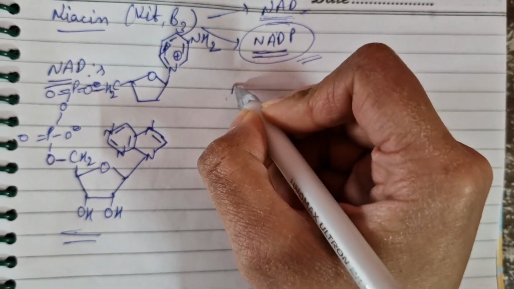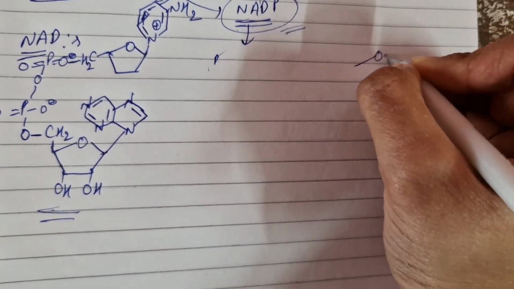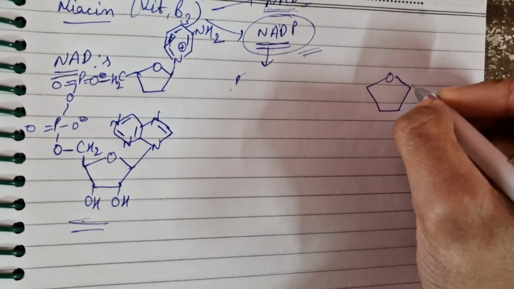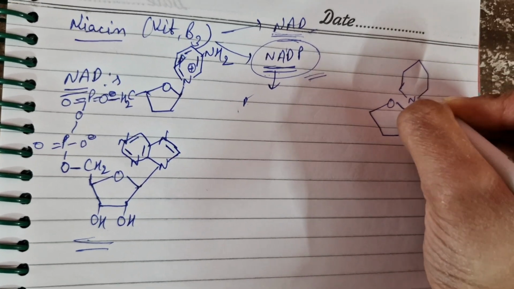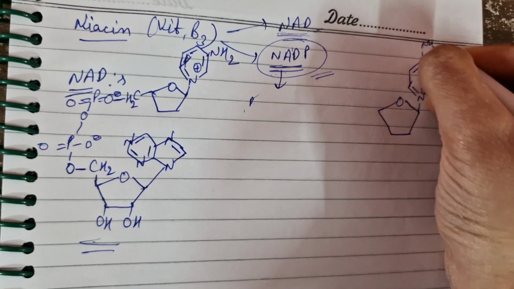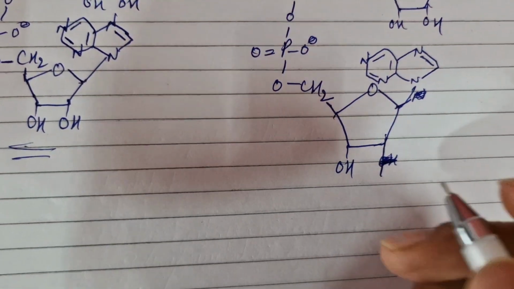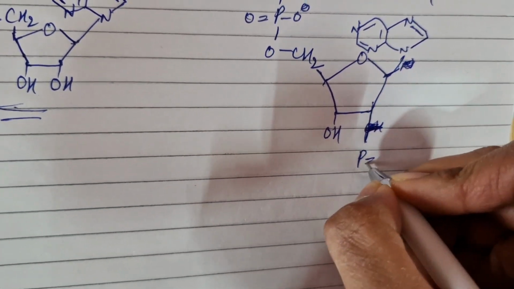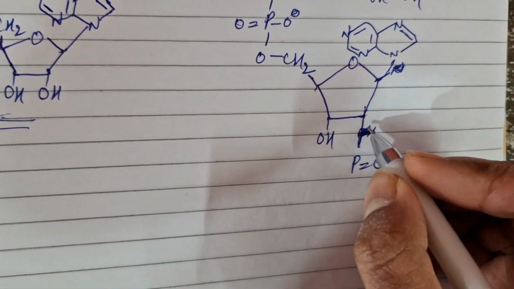Now similarly, we can draw the structure of NADP also, which is as follows. The only difference here is the presence of a phosphate group at the 2' position in the lower ribose ring.